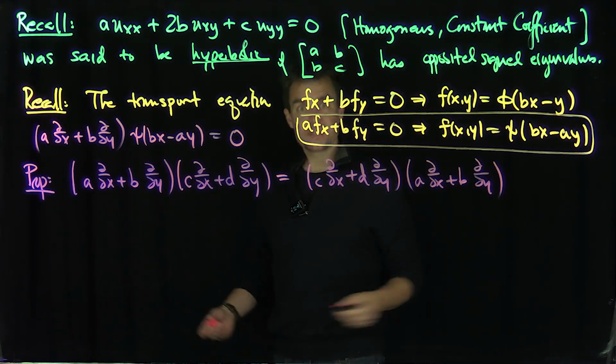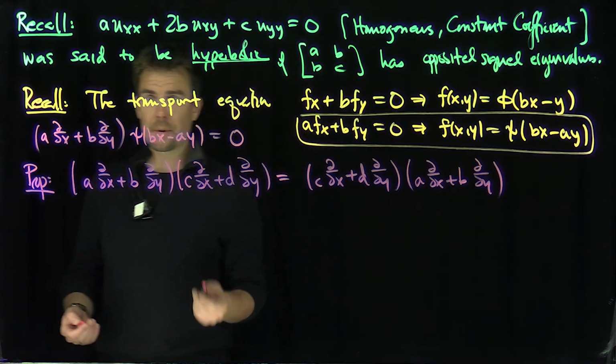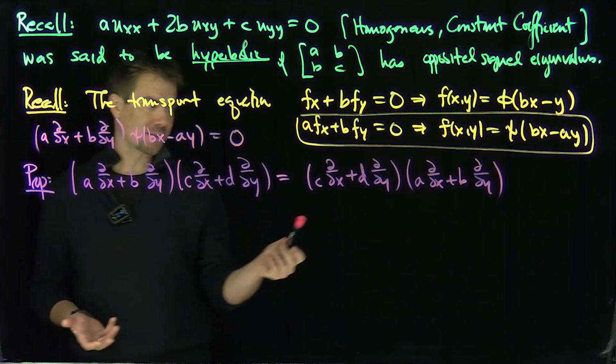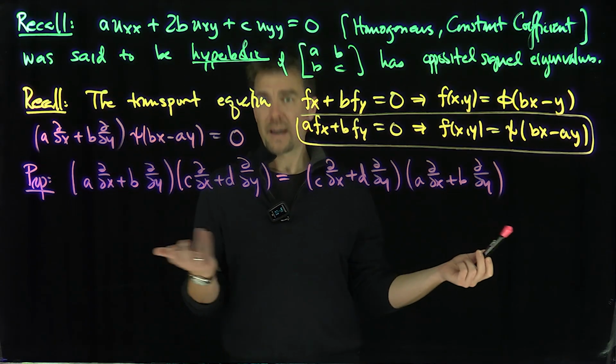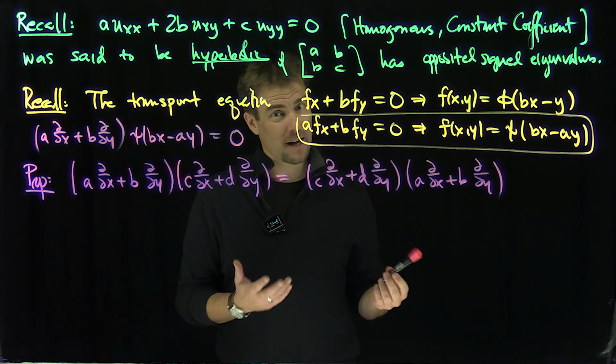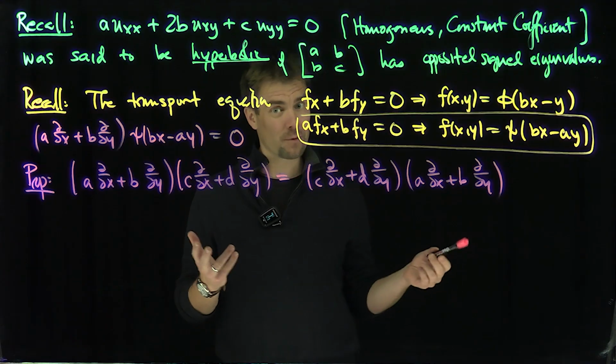In other words, these constant coefficient first order differential operators commute with each other. Let's check to see if it works. If I did this, I'd have an ac u_xx. If I do the same process the other way, I'll have the same thing, ac u_xx, because it comes from the fact that the differential operators are linear and the coefficients are constant. So there's no cross terms that pop up by the chain rule, right?